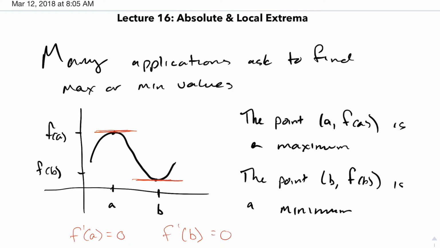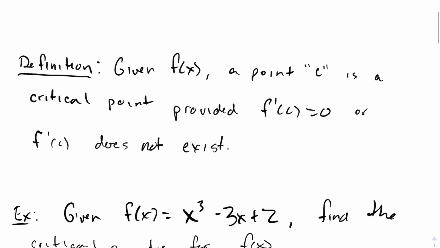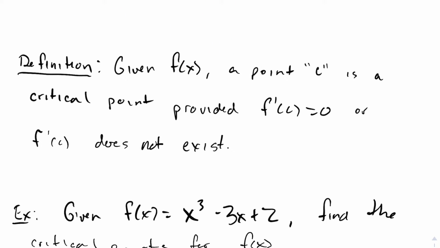And that's not a coincidence, right? That actually gives us a definition. Given f of x, any point C we'll call a critical point, provided that the derivative is equal to 0 there, right? F prime of C is equal to 0, or it does not exist.